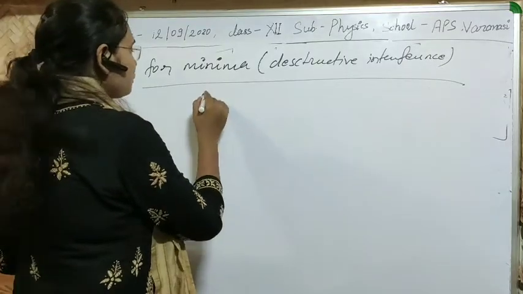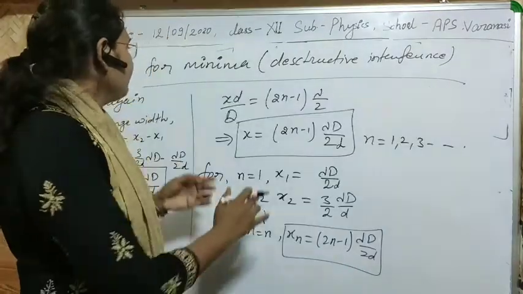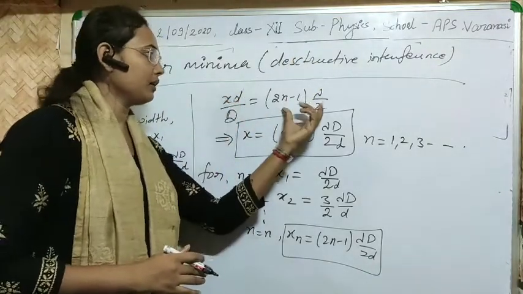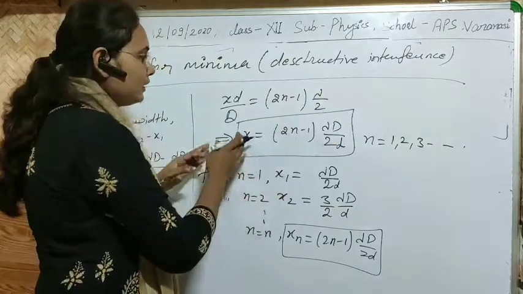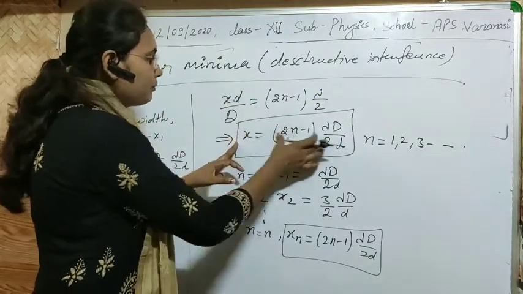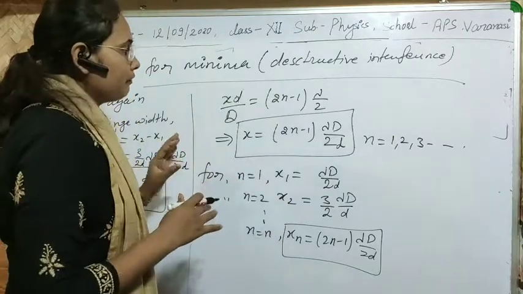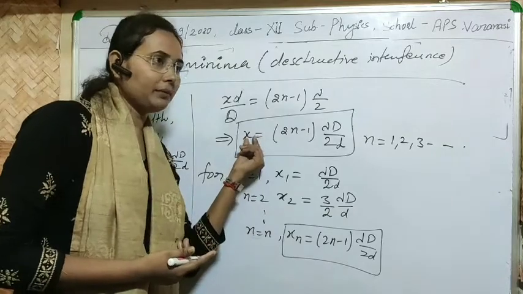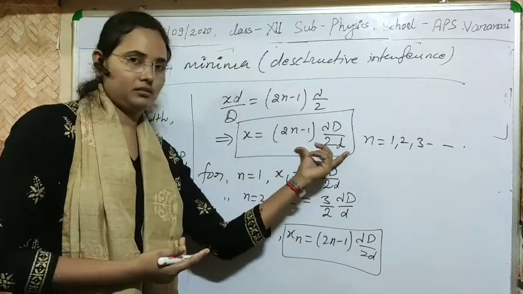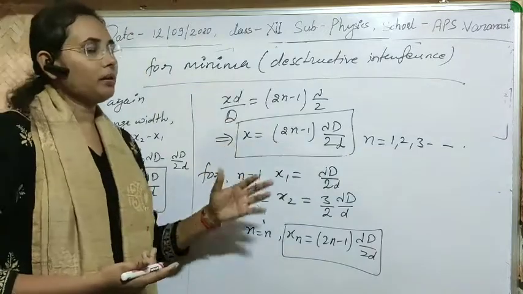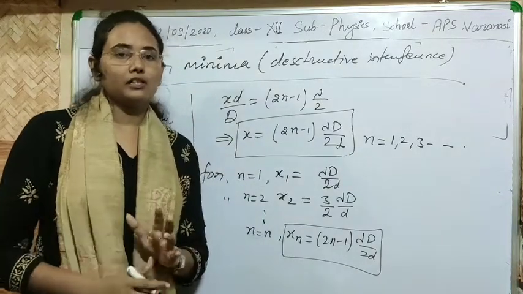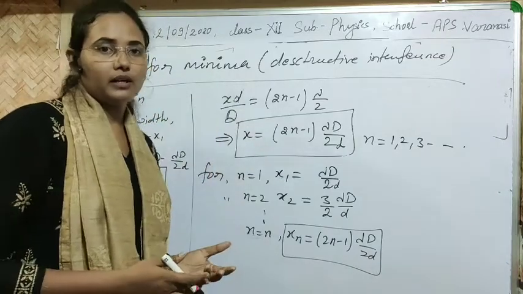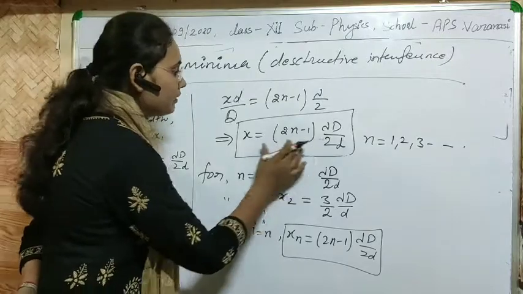So you can write it here. Then we can also write x from here, meaning the point P will be a point of minimum intensity if the distance of point P from point C is this. Simple. And now we can obtain many orders of dark fringes or minimum intensity fringes, which you can also call minima.